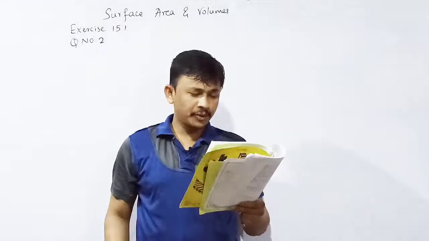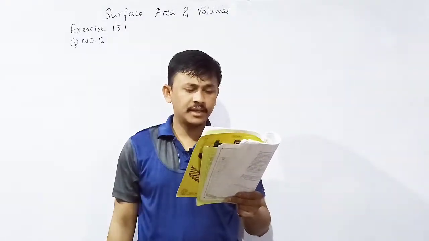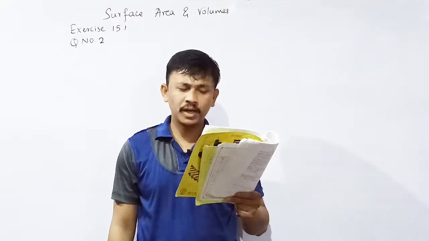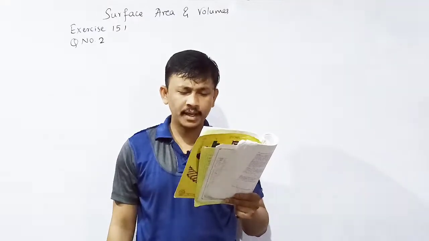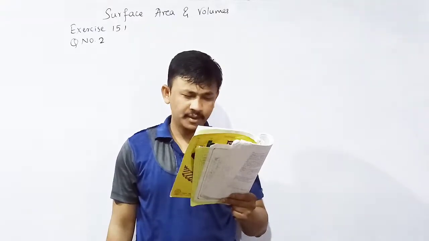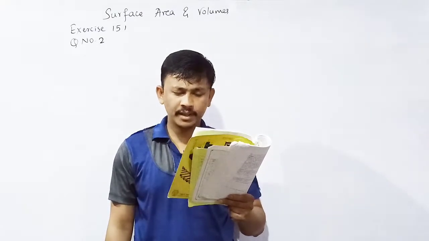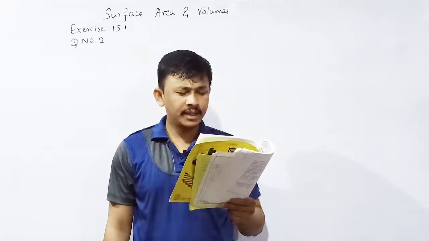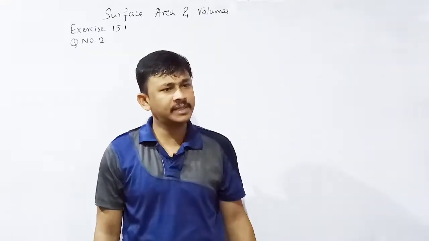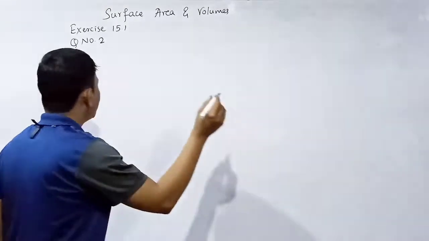Right. Question number 2: a vessel is in the form of a hollow hemisphere mounted by a hollow cylinder. The diameter of the hemisphere is 14 centimeter and the total height of the vessel is 13 centimeter. Find the inner surface area of the vessel. What they have given?